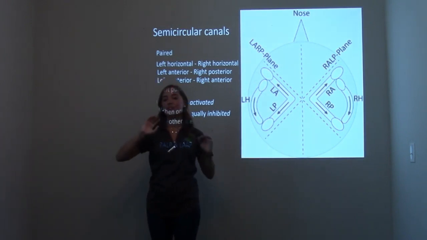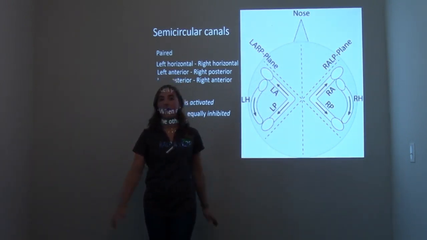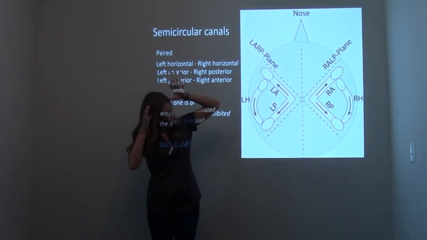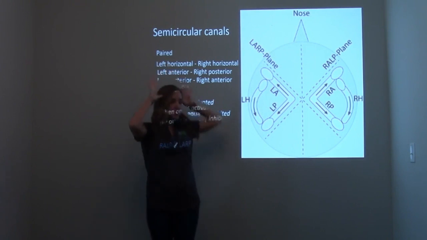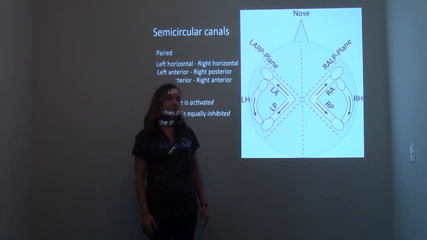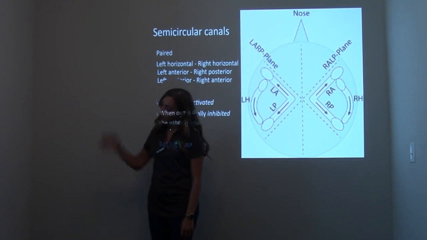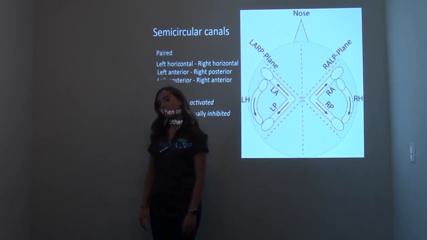There's a right and a left paired together. When I'm activating my right anterior canal, I am inhibiting my left posterior canal. So if you want to just use your moose ears still, you can think of it that way, or just move your head back and forth like this. And when I am activating my left anterior canal, I'm inhibiting my right posterior canal. So think of it like this.